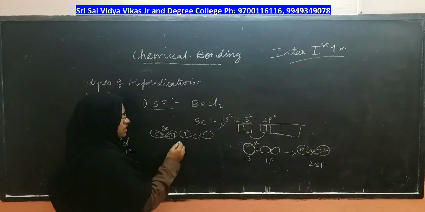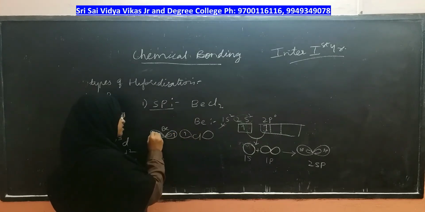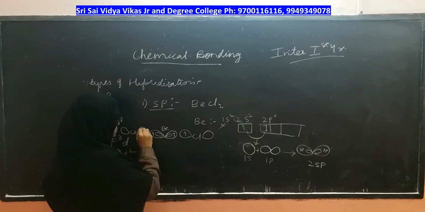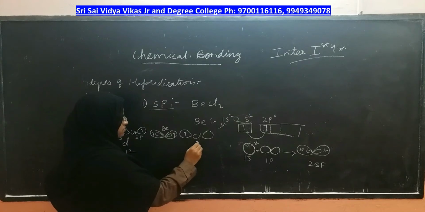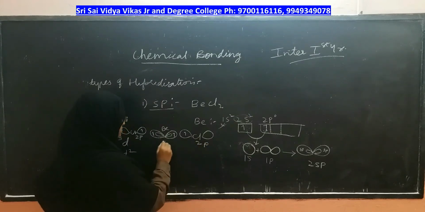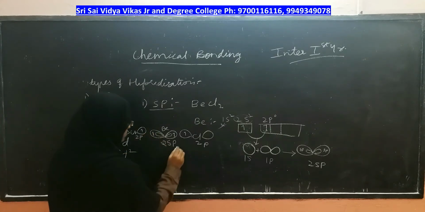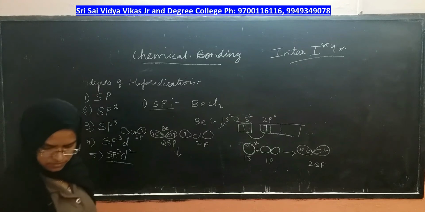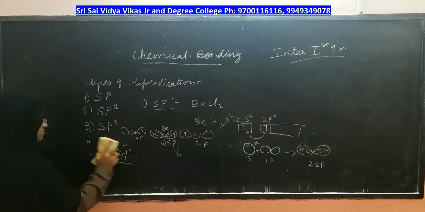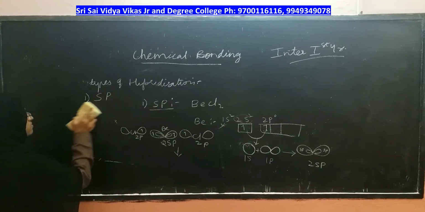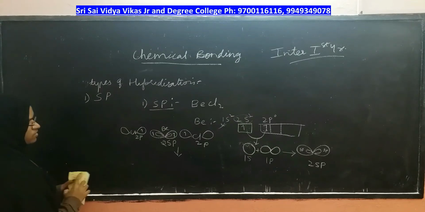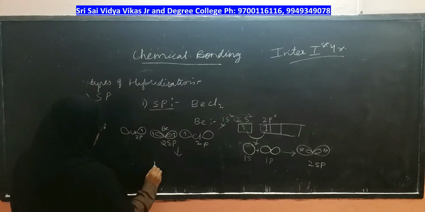Here one electron is there. It overlaps. Here also one electron, another chlorine, another electron. They overlap with each other to form a bond. Now what will be the shape of the molecule?